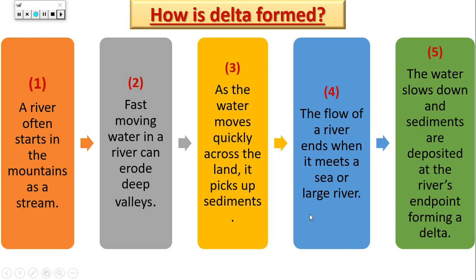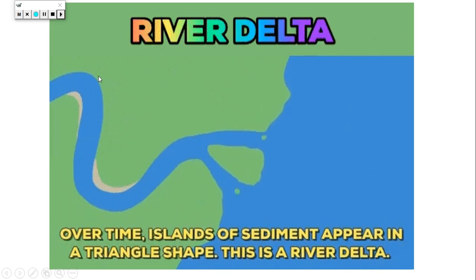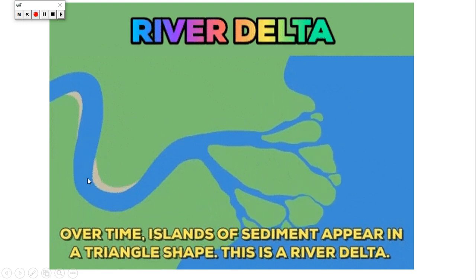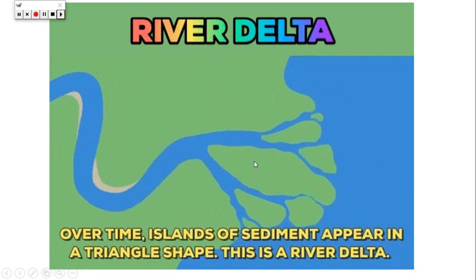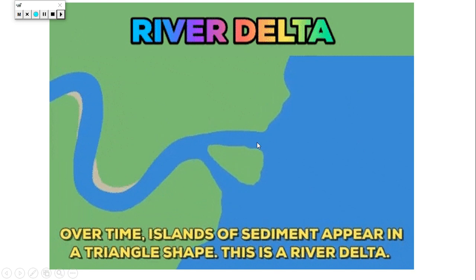This land is called a delta. As we said before, the river breaks down the rocks around it because it's moving very fast, carries these small pieces of rocks as sediment and puts the sediments here. After years, the layers of sediments form this land, and we call this land delta.